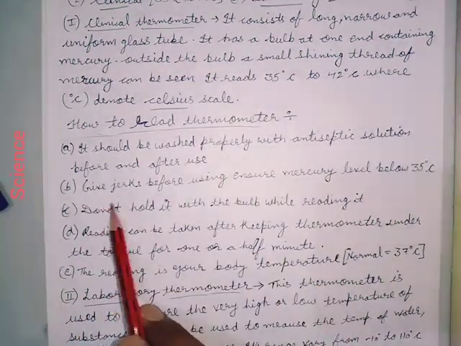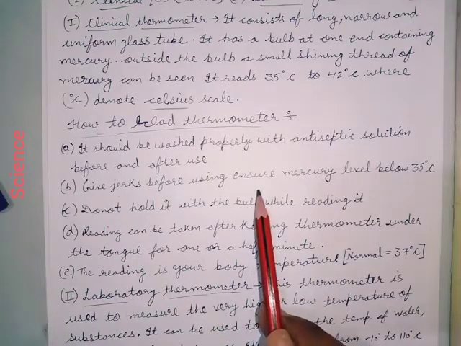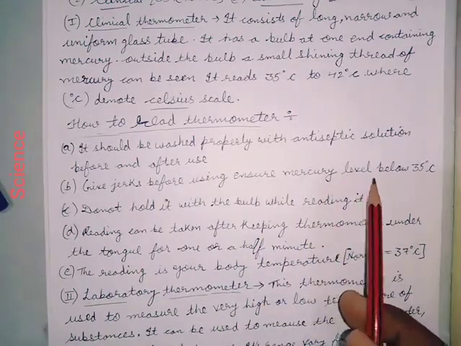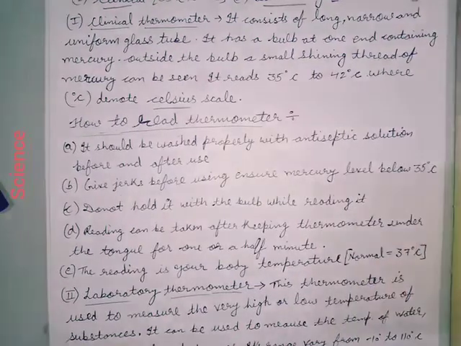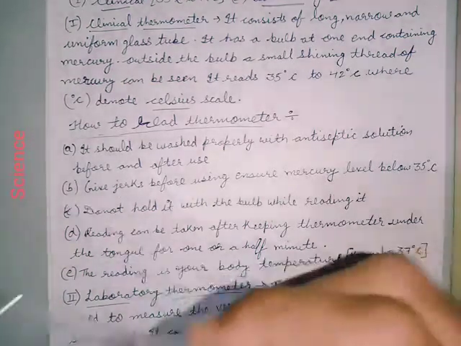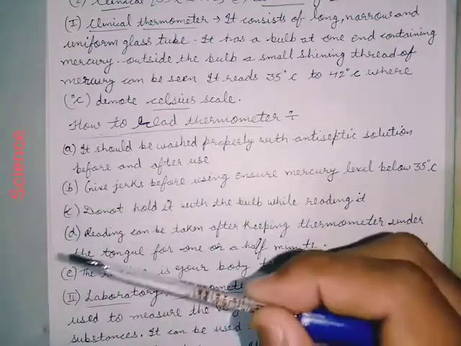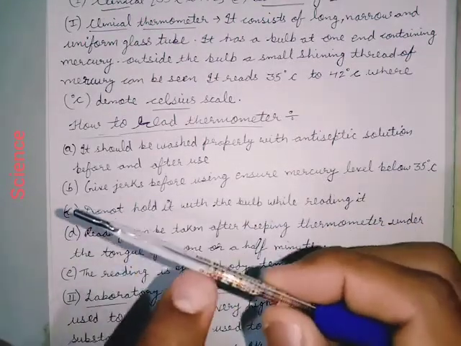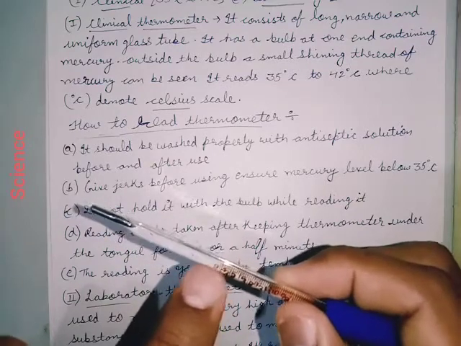The second precaution is to give jerks before using. The jerks must be given to ensure the mercury level is below 35 degrees, because when we pick up the thermometer, the temperature reading may be different. If we give a jerk like this, the mercury level falls to or below 35.